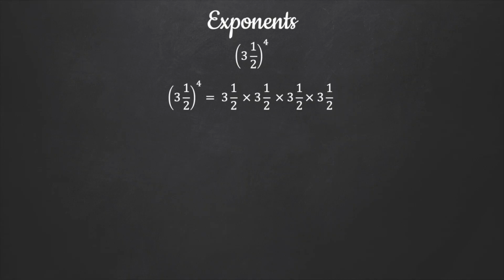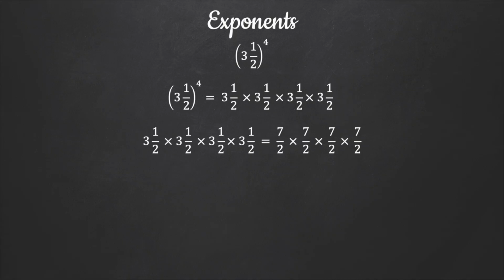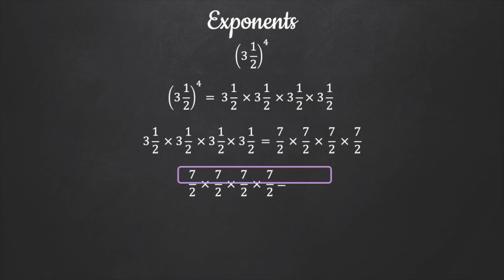So that means that 3.5 times 3.5 times 3.5 times 3.5 is equal to 7 over 2 times 7 over 2 times 7 over 2 times 7 over 2. And in order to multiply these improper fractions, what we need to do first is multiply our numerators.